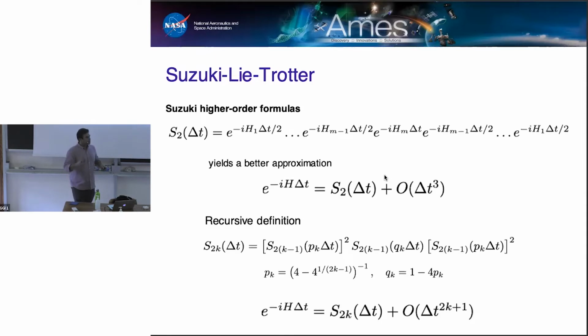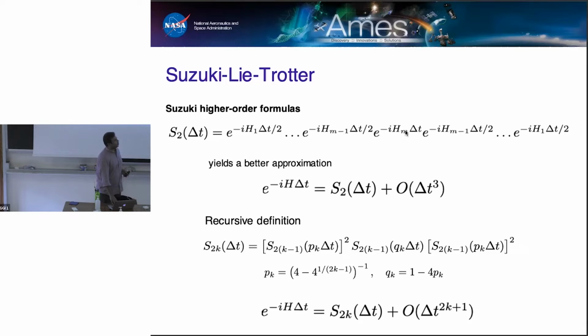Let me just complete the loop on Trotterization by saying that Suzuki actually discovered these higher order formulas where, instead of just a simple-minded product of exponentials, you can have other combinations of exponentials, right? Over here, if you look closer, you'll notice that I am evolving not by delta t, but by delta t over 2, all the way up to the first n-1 terms.